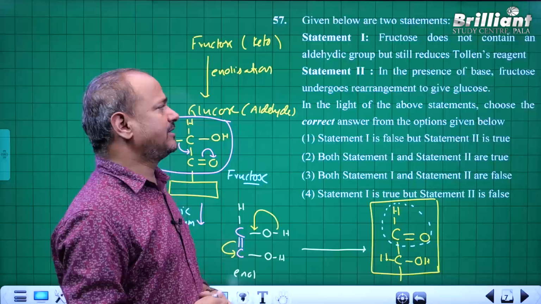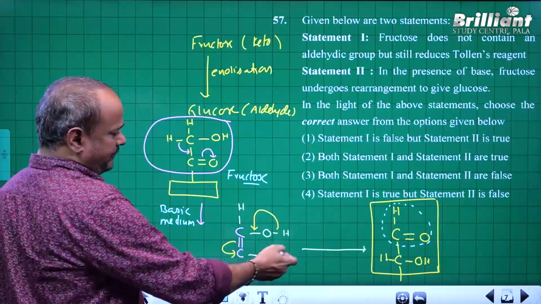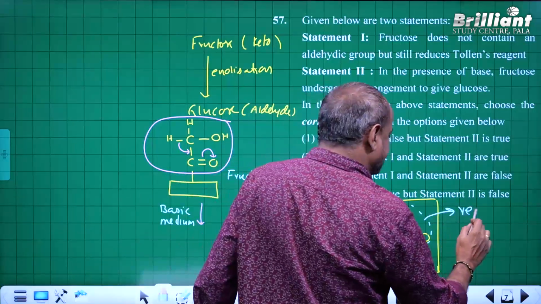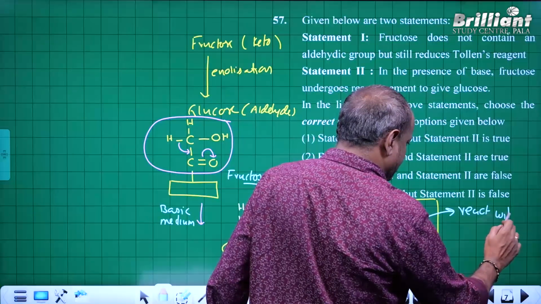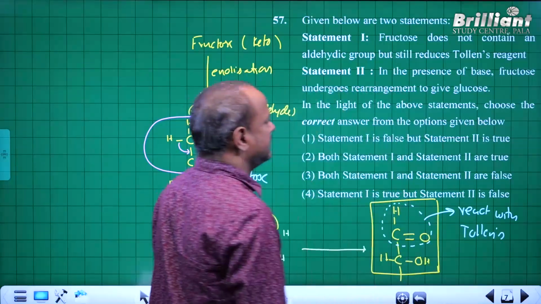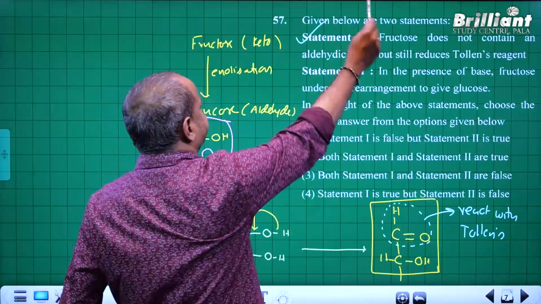That is possible only for Tollen's and Benedict's solutions. So now this forms an aldehyde, which reacts with Tollen's reagent. Okay, so statement 1 is correct.